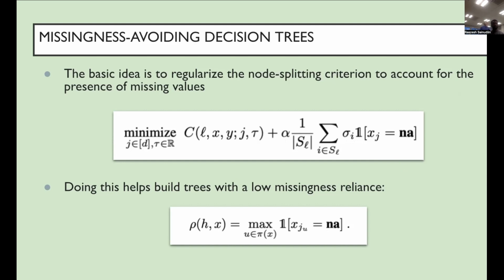Missingness reliance is a metric that we use, which basically counts how many of the missing features are in the decision paths. Here it's the max, but you can also use a summation of the number of features that pass along the decision path, which is what we do in our implementations.